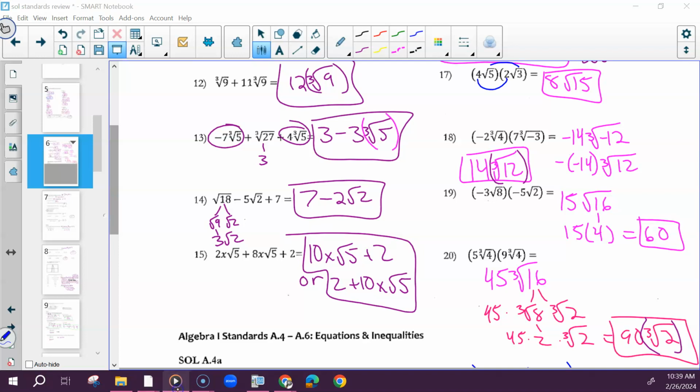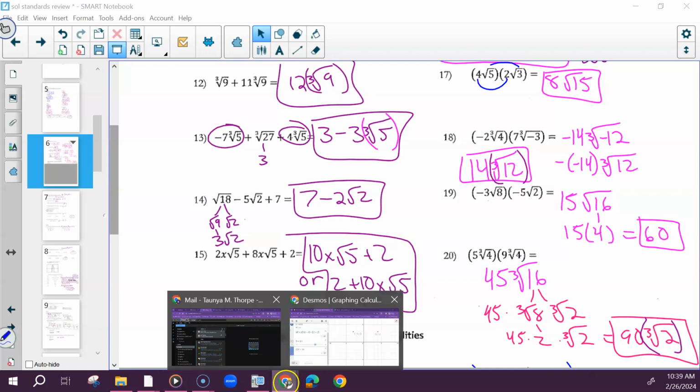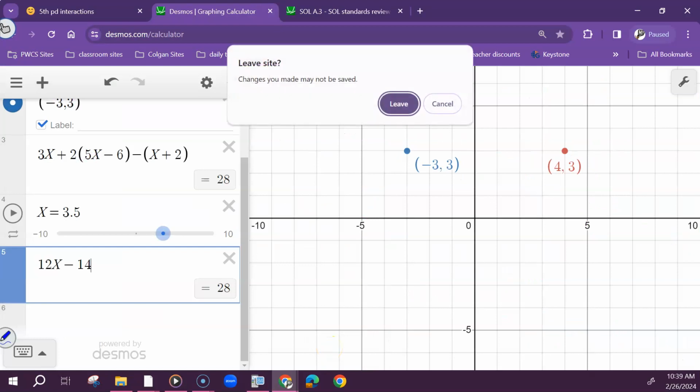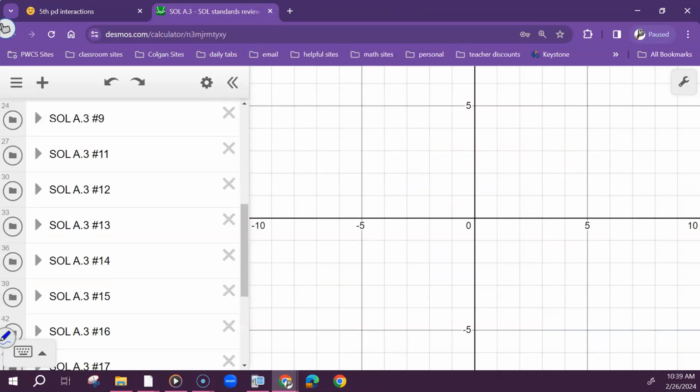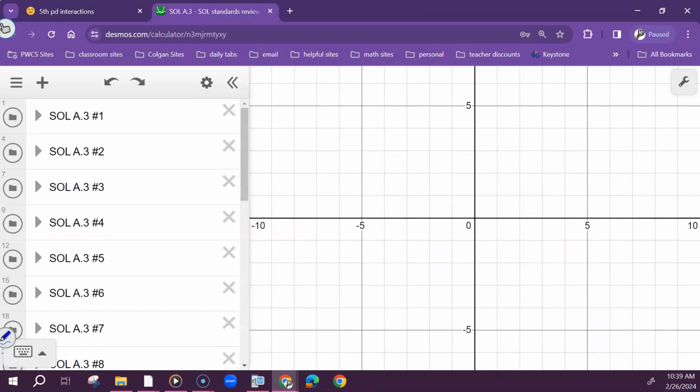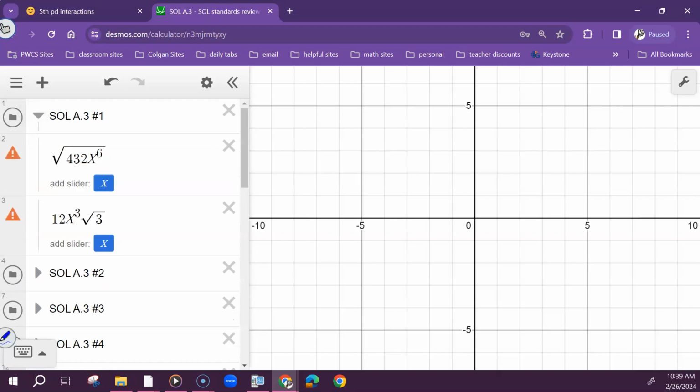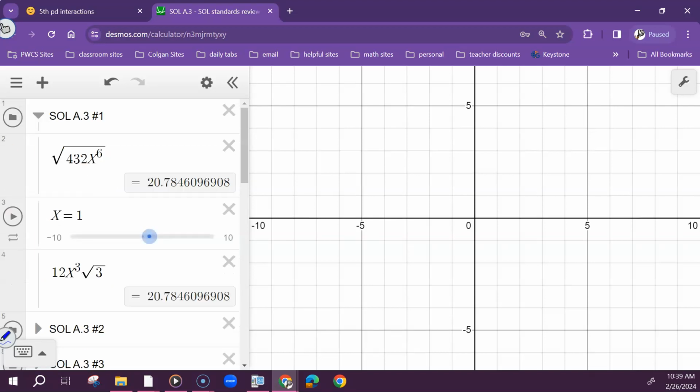And then we'll talk about course calendar before lunch. So on Desmos, if I were to try some of these into Desmos, if I use the slider trick, put in the original, added a slider, change this to something positive, put in my answer, the decimals should be the same.